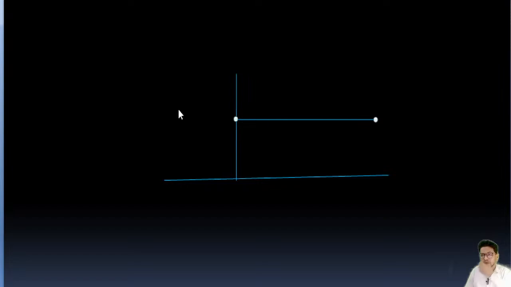Okay, so this is the potential V naught, and the energy line.